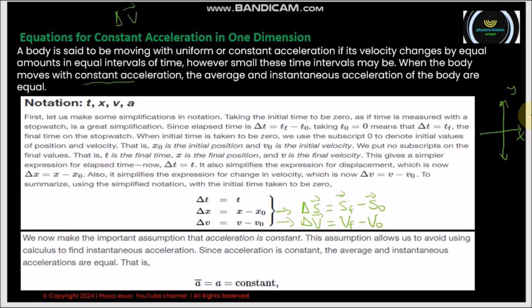Sometimes in some books you may see v minus u. No need to be confused: v indicates the final velocity minus u, the initial velocity. So in our case the acceleration is constant.